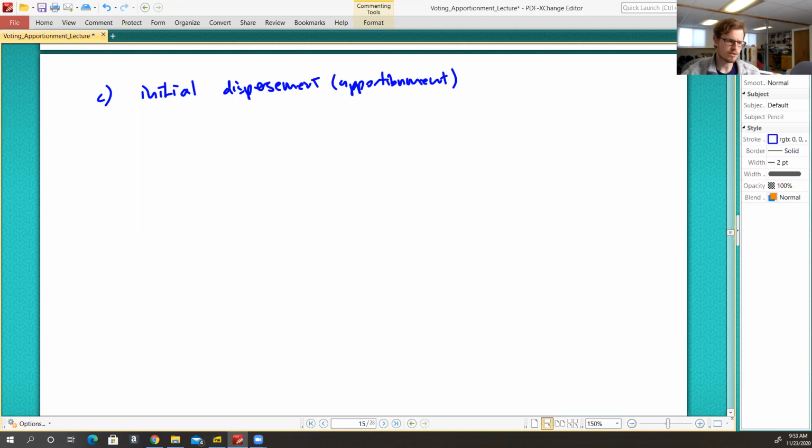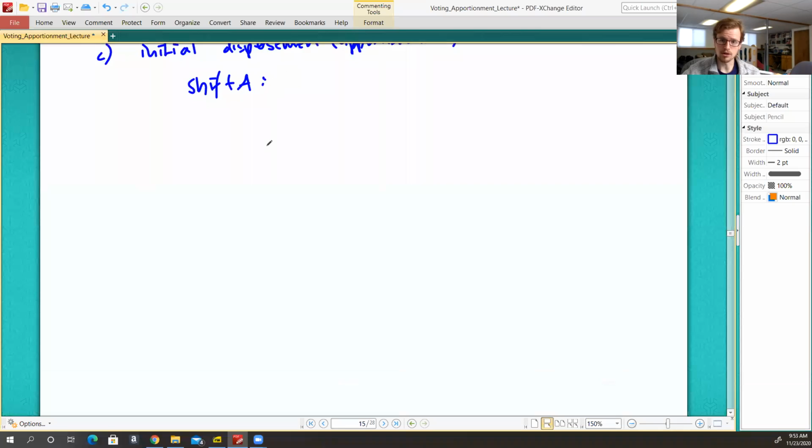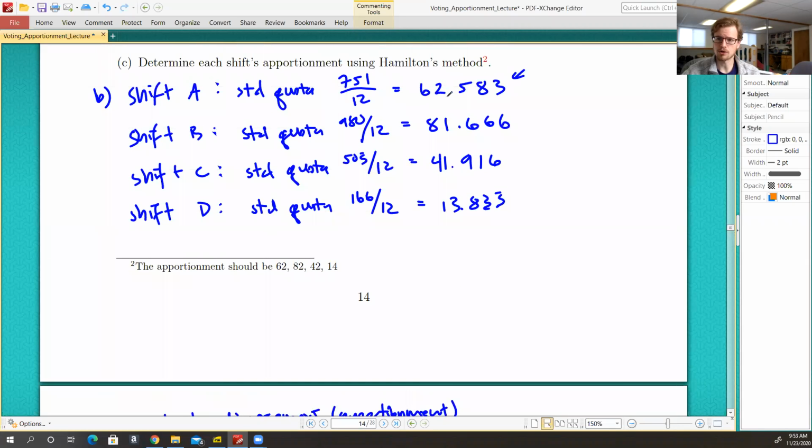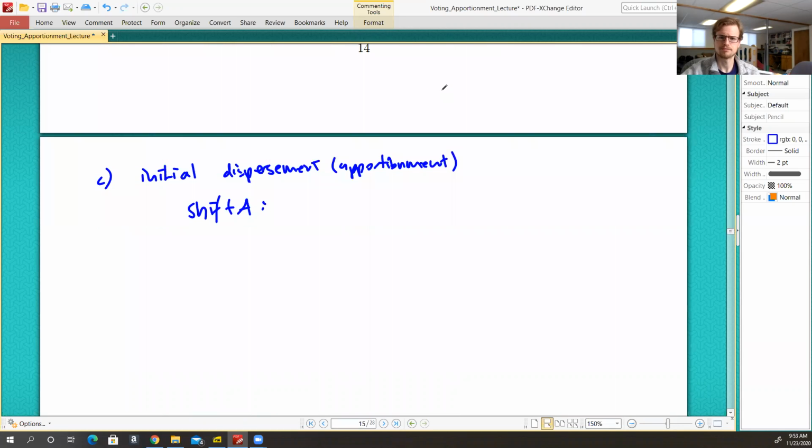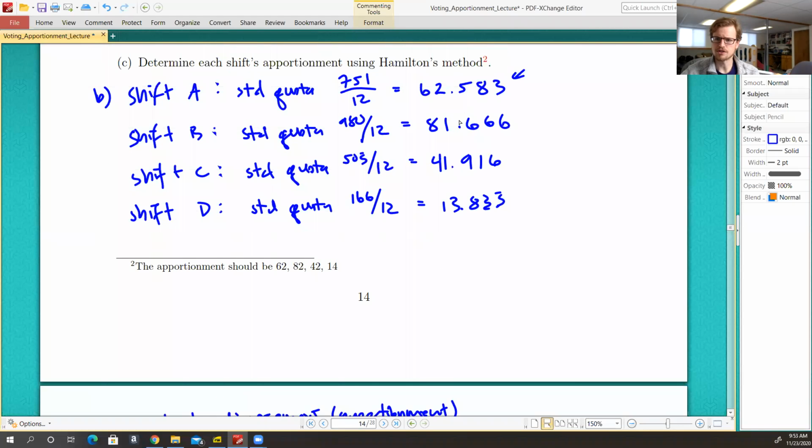So the initial disbursement is that shift A gets their lower quota, and the lower quota would be 62. Shift B gets their lower quota, which is 81.